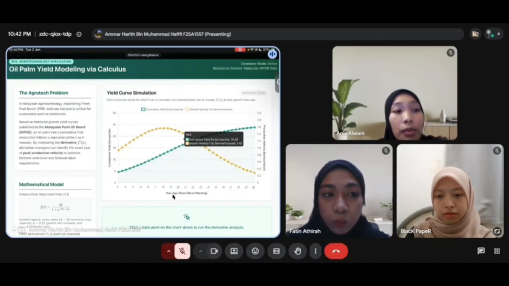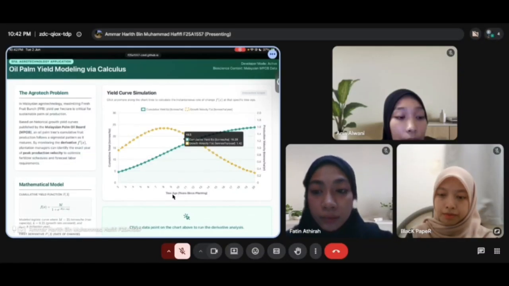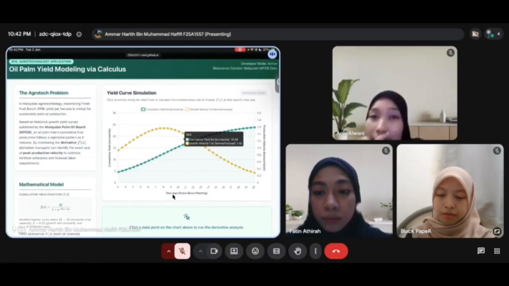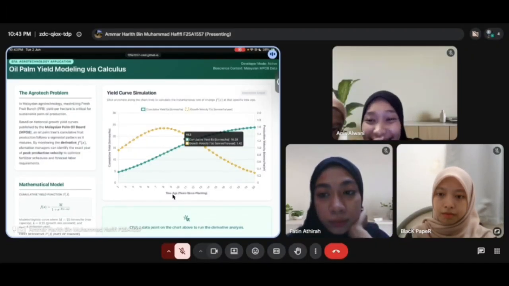The challenge is not only to determine the total yield but also to identify the year when production growth reaches its maximum point. This helps plantation managers optimize fertilizer schedules and labor planning.